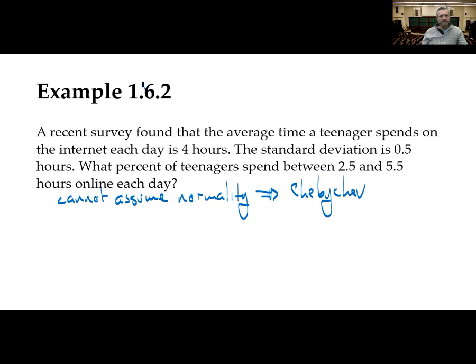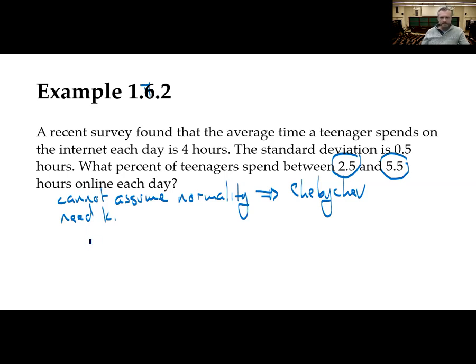By the way, I believe this is 1.7.2, not 6. All right, that means we need k. So if you look at the 2 values we have, 2.5 and 5.5, each of those are a certain number of standard deviations away from the mean. The question is, how many?